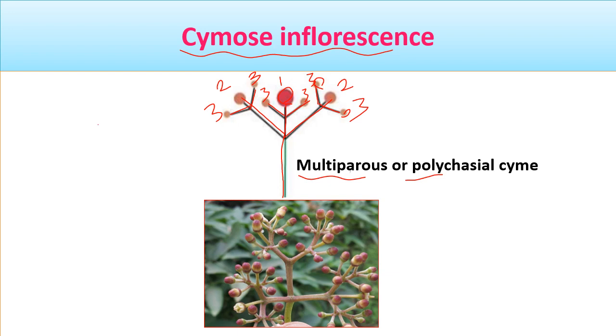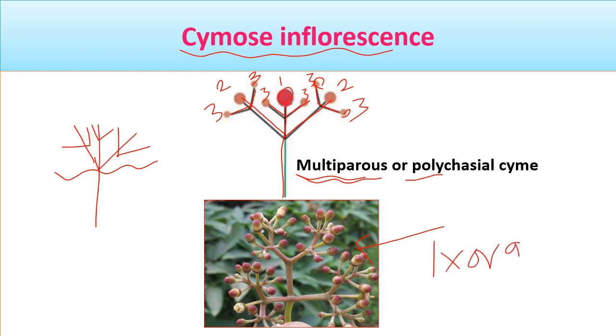So this kind of arrangement shows continuous branching, and due to this multiple branching, this is called a multiparous cyme. Here in an actual photograph of the plant Ixora, you can see this type of inflorescence.